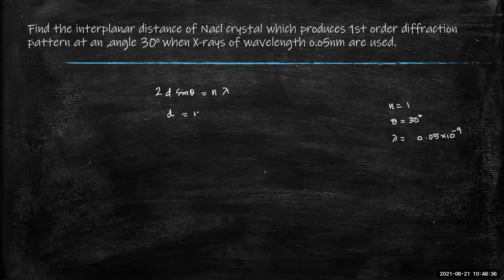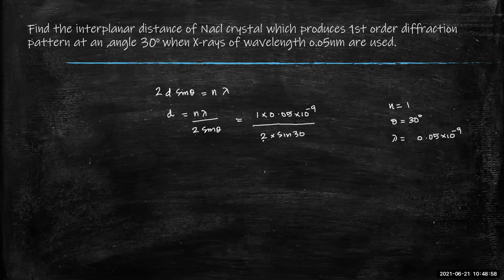So d is equal to n lambda divided by 2 sine theta, that is 1 into 0.05 into 10 raised to minus 9 divided by 2 into sine 30.